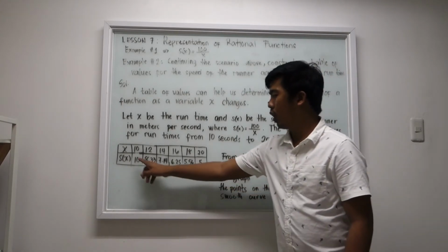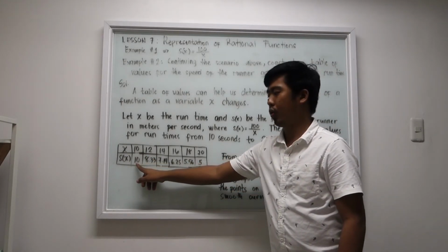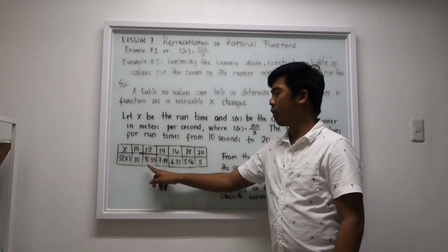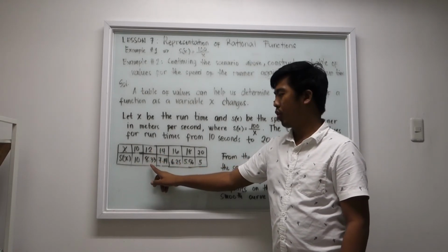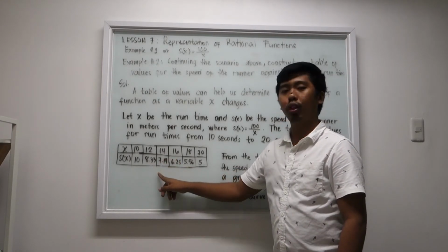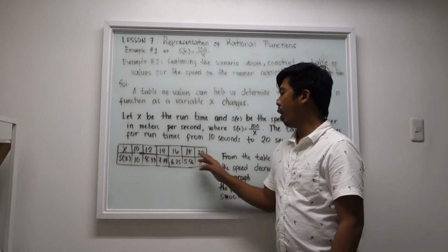For 10 seconds, that's 10 meters per second. For 12 seconds, that's 8.33 meters per second. For 14 seconds, that's 7.14 meters per second, and so on.